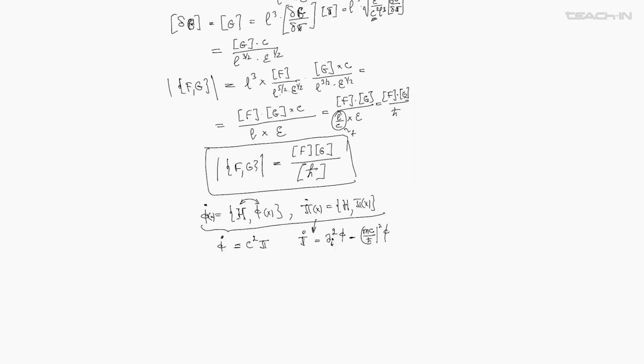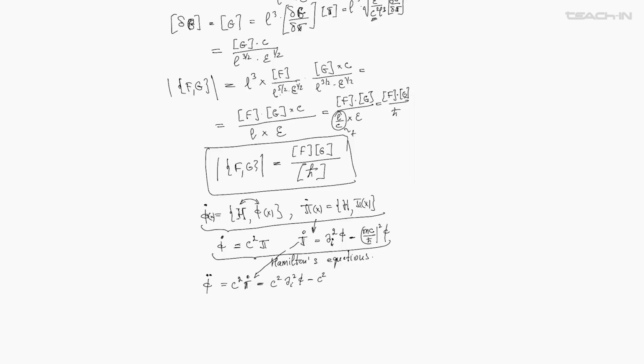Hamilton's equations, which we can use to exclude the momentum of our field by taking another derivative of phi with respect to time. So it will give c squared pi dot, and now instead of pi dot, we substitute this expression. We will get c squared times the sum of second spatial derivatives of phi, minus c squared multiplied by (mc over h bar) squared multiplied by phi.